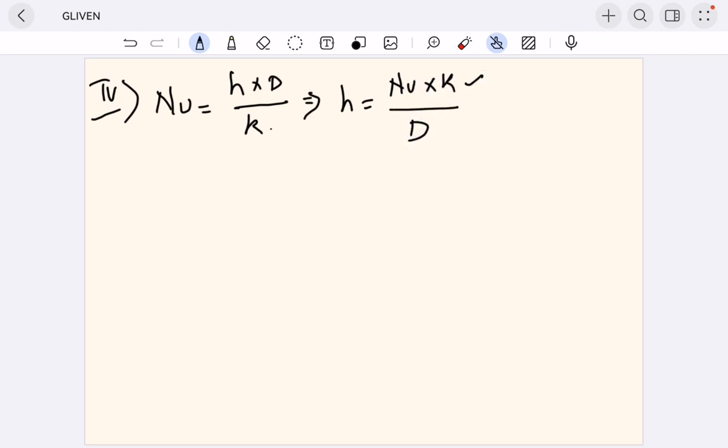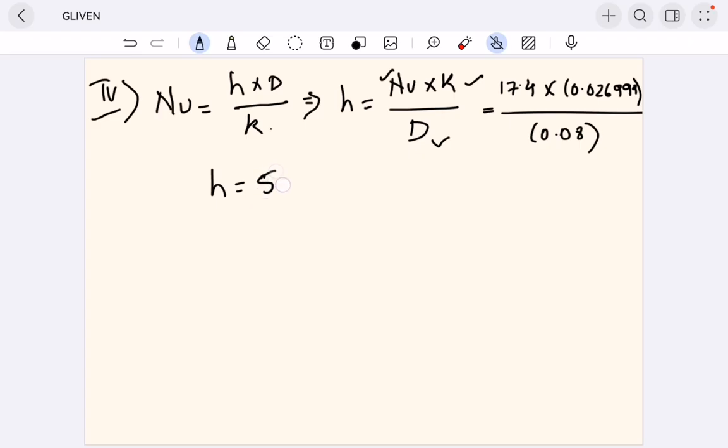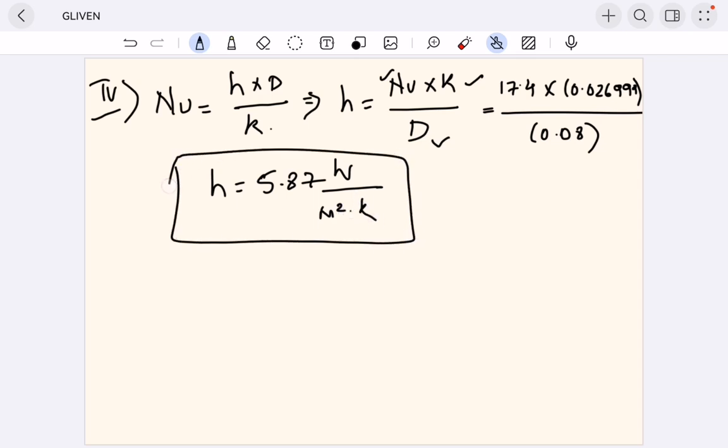I have the K value from the table, I have the diameter that is given to me, and I have calculated the Nusselt number. Plug in all the numbers: 17.4 times K, which is 0.026999, divided by 0.08. If you calculate everything, you get H at about 5.87 watt per meter square Kelvin. So that's H, right? So I got H.